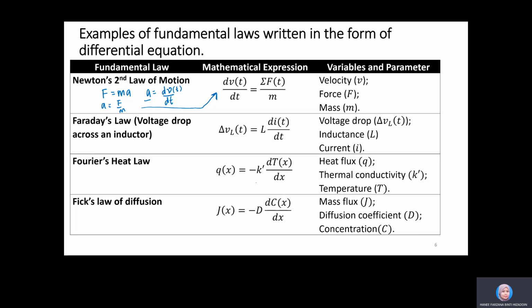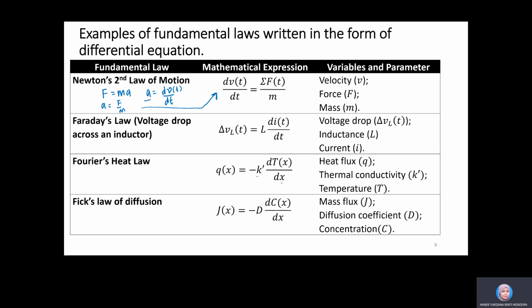The heat flux equals minus k, where k is the thermal conductivity, which can be considered a constant, times dT/dx, the change of temperature with respect to x. x could be the distance or the length of the solid slab through which the heat is diffusing.